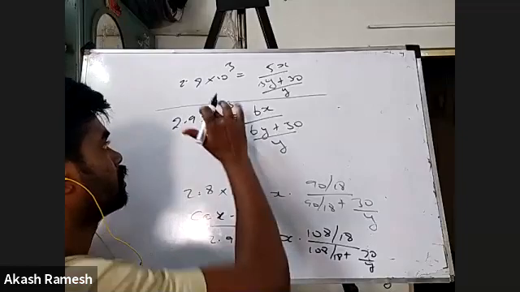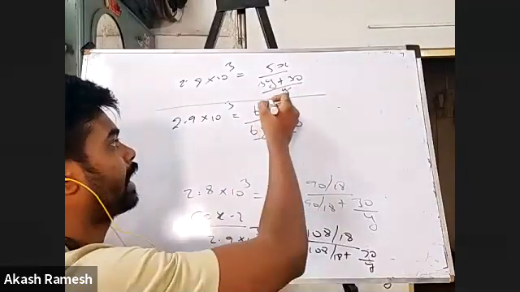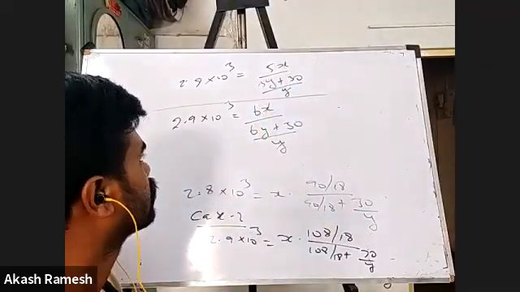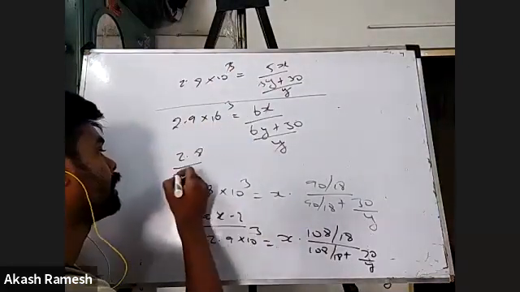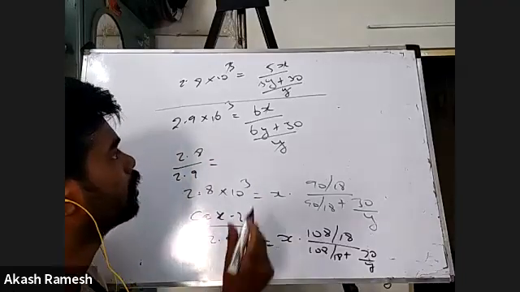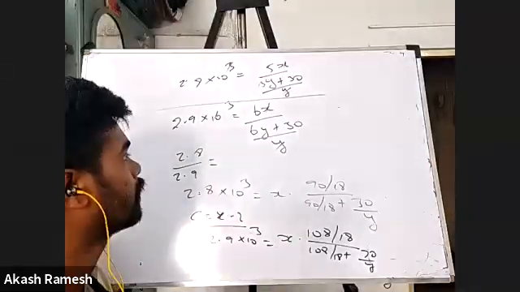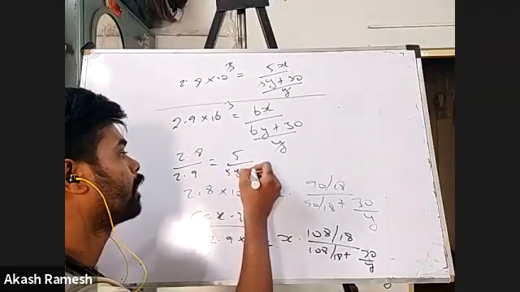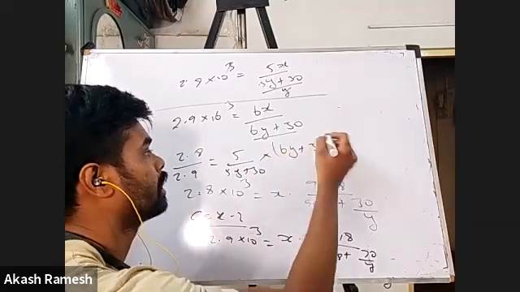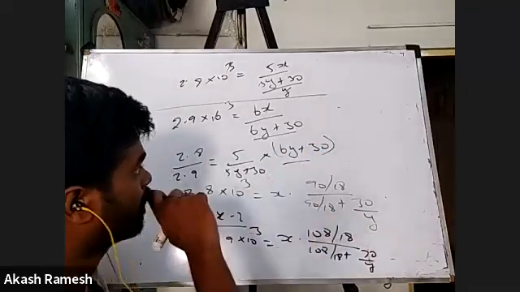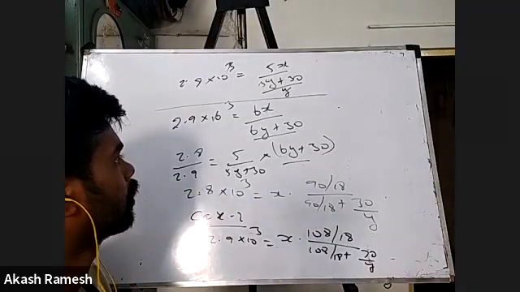It's not minus 3, it's plus 3, sorry. So Y will get cancelled, X will get cancelled, and 10 to the power 3 gets cancelled. So 2.8 divided by 2.9 is equal to 5 by (5Y plus 30) into (6Y plus 30) divided by 6.